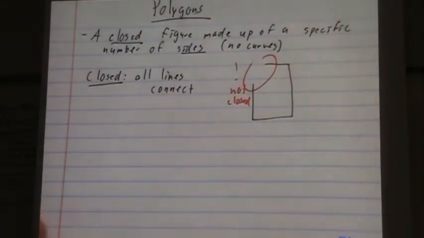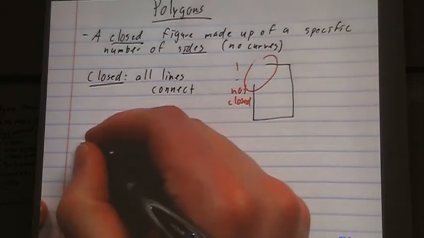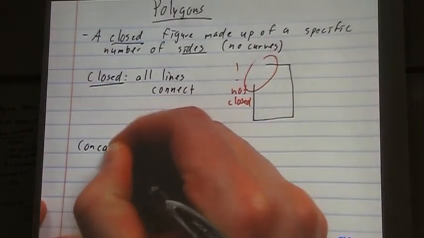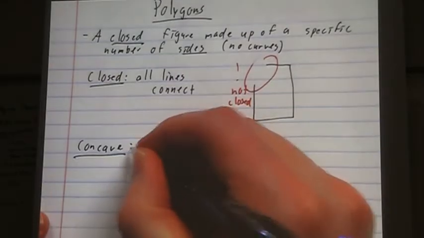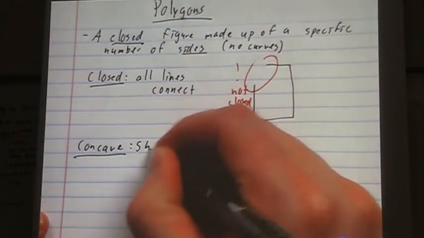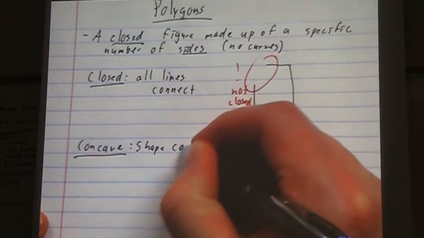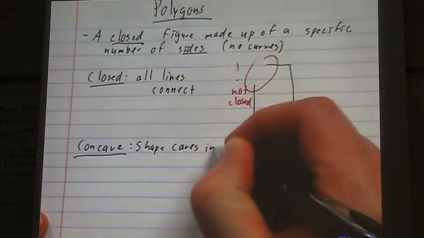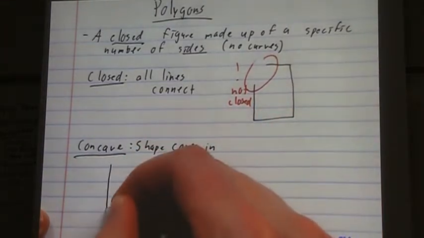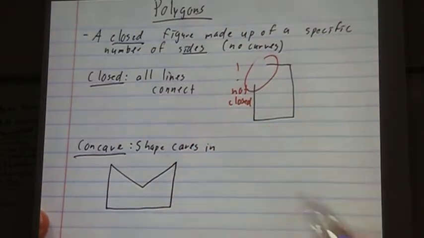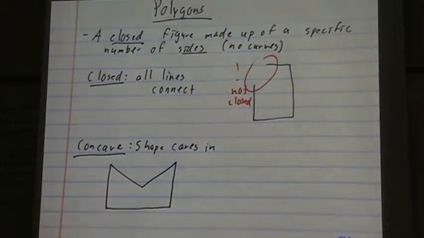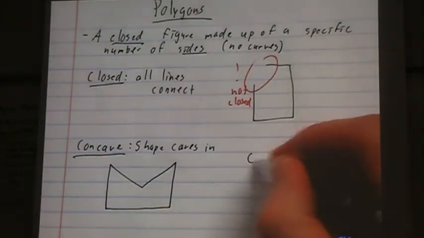A couple other terms are concave and convex. Concave, think like a cave-in. Your shape is going to cave in at some place. Something like that. We got a little cave-in right there. And we have a term called convex.